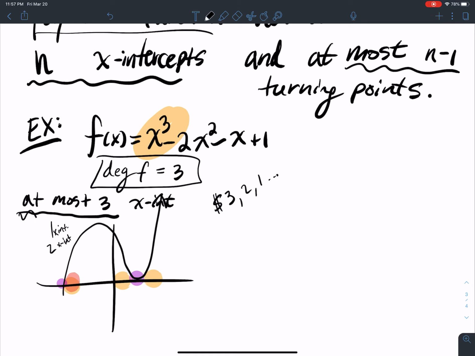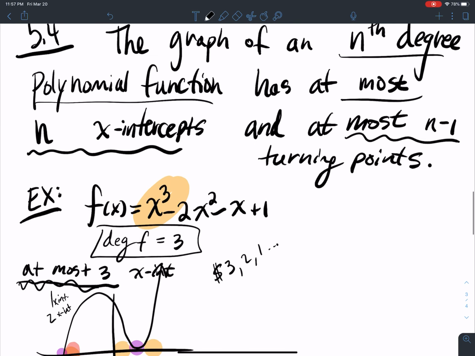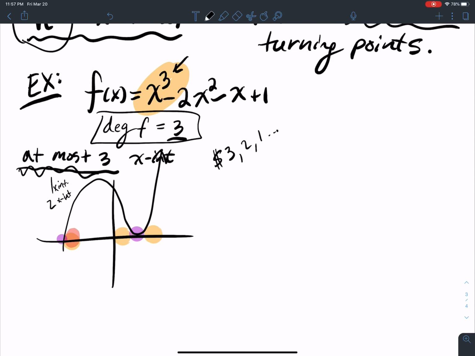That's at most 3. So be careful when you see at most n intercepts. It's not saying that because it's degree 3 there has to be 3 intercepts. It's just saying that the most intercepts you can have are 3. You could just have 1, could have 2, but at most 3, okay?